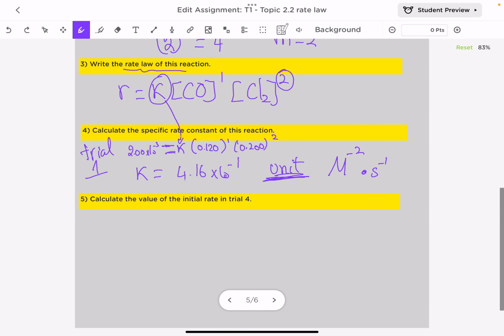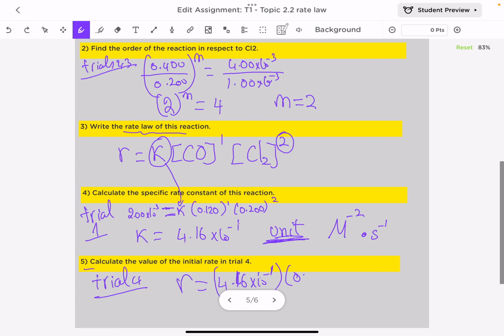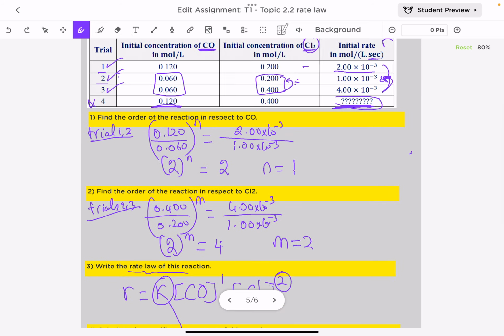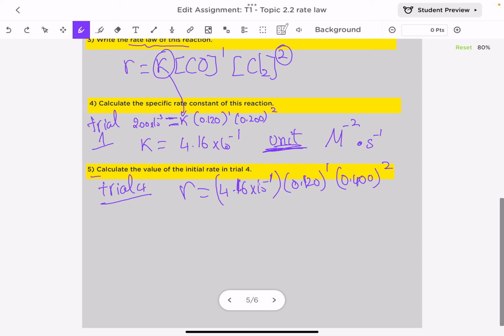Now, after having all the unknowns, after having K, we just need to find R in trial 4. So this is trial 4, and I need to find R. Now having K, having the concentration of CO in trial 4 to be 0.120 raised to the first order of CO, having the concentration of Cl2 0.400 squared, I can find the final answer.